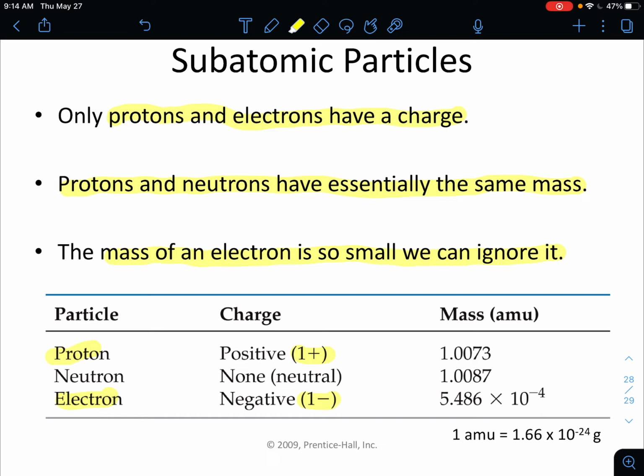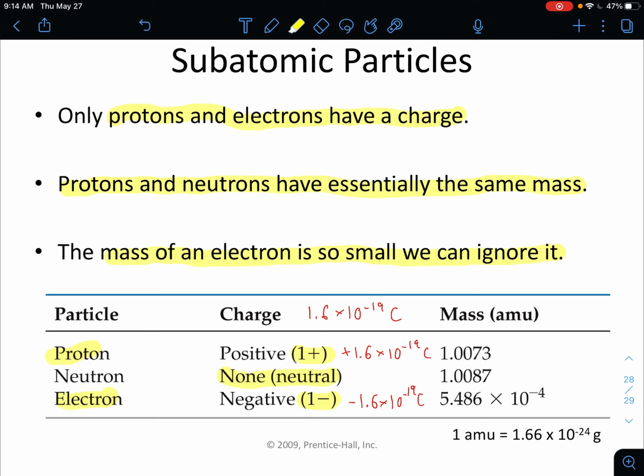In reality, those charge units are not +1 and -1. Remember, we have the charge in terms of coulombs: the proton would be positive 1.6 times 10 to the -19 coulombs, and the electron is negative 1.6 times 10 to the -19 coulombs. But like I said, a lot of the time we're just going to say +1 and -1 for the purpose of describing the atom. And of course, neutrons are neutral.